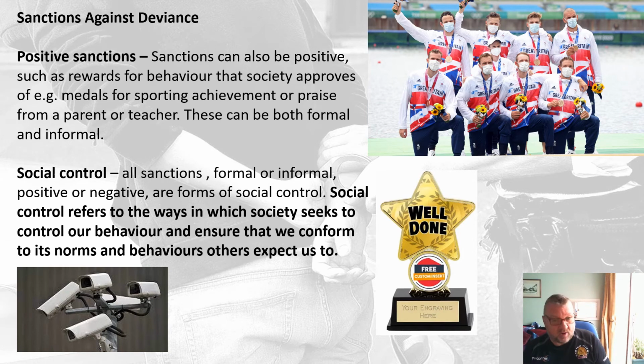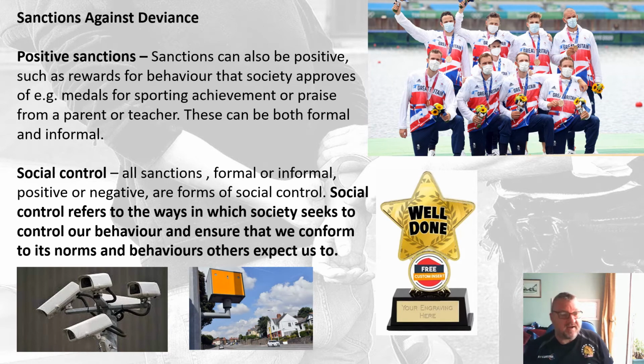If you know you're being watched, you behave. Or the fact that when I'm driving down the road and I see a speed camera, a Gatso camera, I slow down. Not that I'd ever speed, but I maintain the speed limit. And that camera is controlling the way I behave, and it's making me conform to the laws of the country. So those are examples of social control.